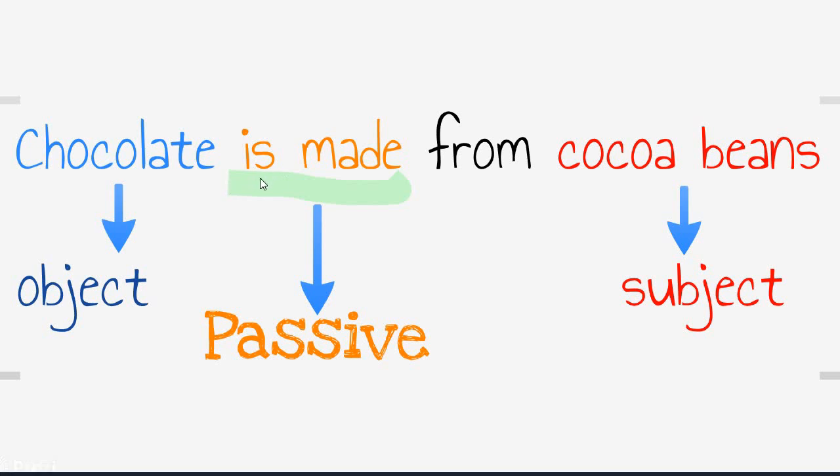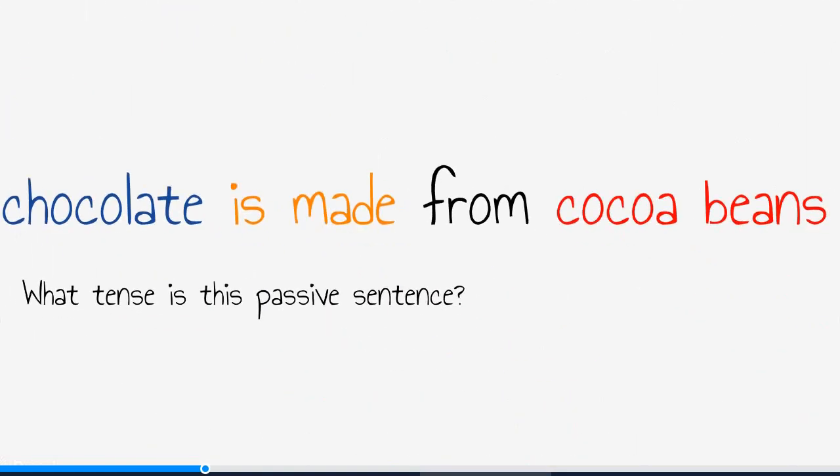Chocolate is singular, so it takes is. Of course, we can't say chocolate are or chocolate am, only chocolate is. I added verb to be, and then the verb make, I put it in the past participle, which is made. At the end of my sentence, I took the subject and I put it. So I switched the object with the subject. Chocolate is made from cocoa beans.